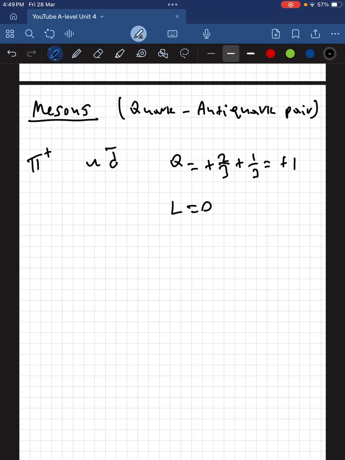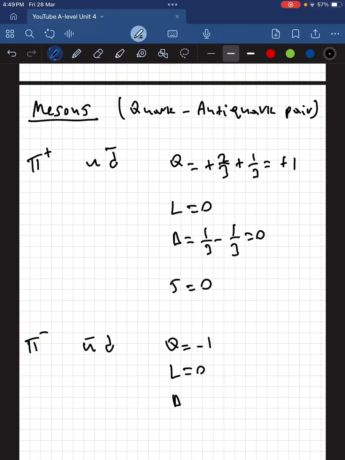The lepton number is 0, baryon number is 1/3 - 1/3, so 0, and strangeness is 0, okay? Now pi minus consists of a U bar and a D, so the charge is -1, the lepton number is 0, the baryon number is 0, and the strangeness is 0.